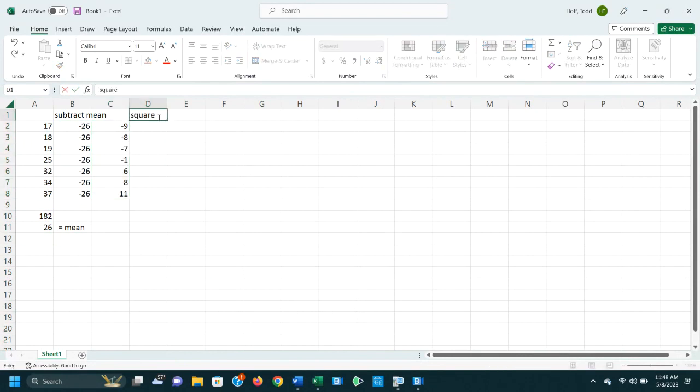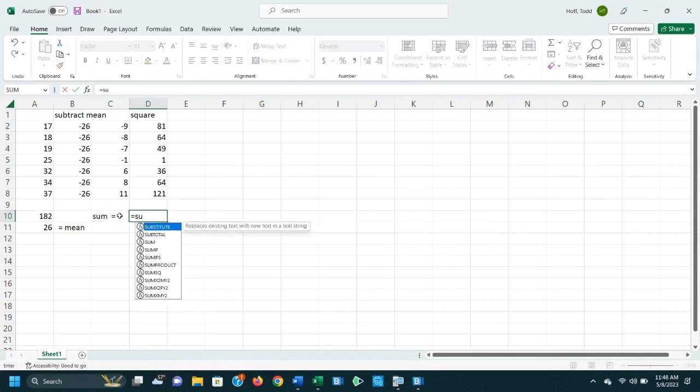Next, we're going to square each of those. Let's equal this, oops, not that. This squared. So we squared them all. Then we're going to find the sum of those again. Add them all up.